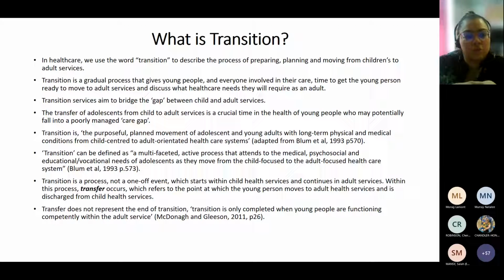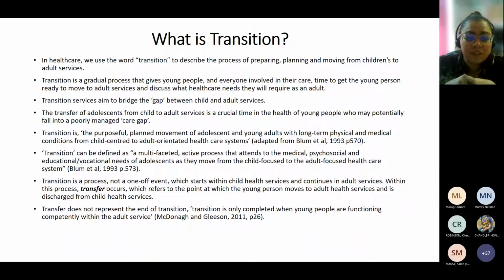So you want to capture these children around the ages of 12, 13, to start having those conversations about where they're going to end up by the time they're 18, 19, 20. So it gives them that time to process the transfer and their health needs that are going to happen, but hopefully before they get discharged from child health services.